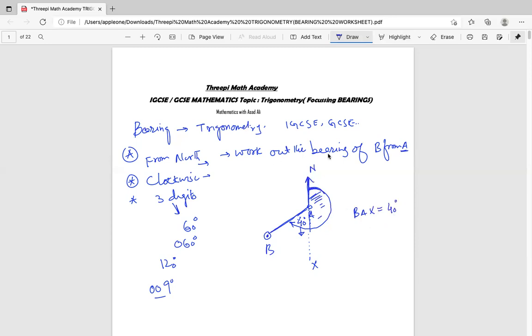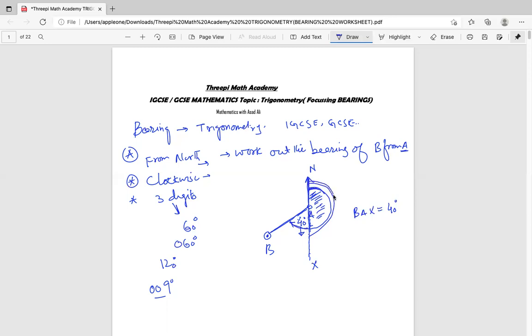It means this is the required bearing. What will this bearing be? This is a straight line, and a straight line gives us 180 degrees. And this is then 40.